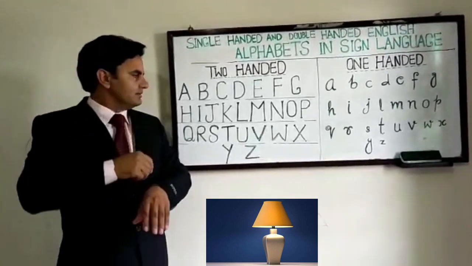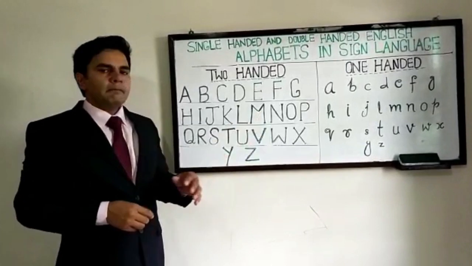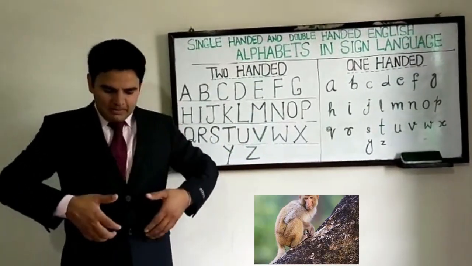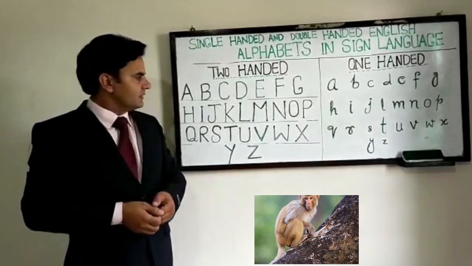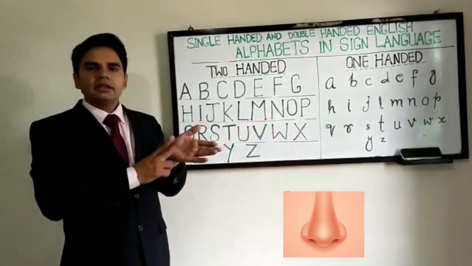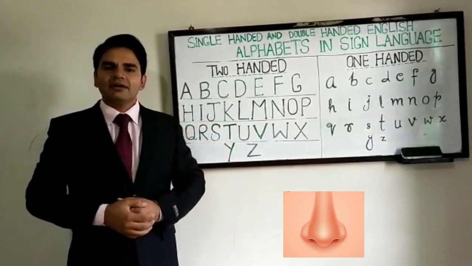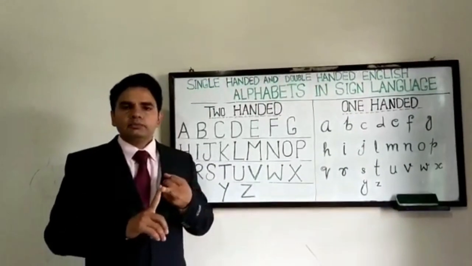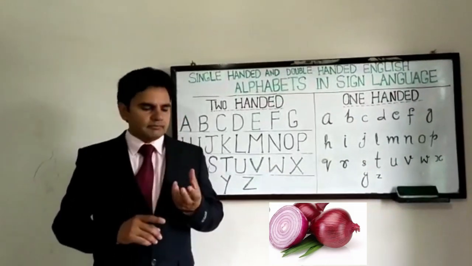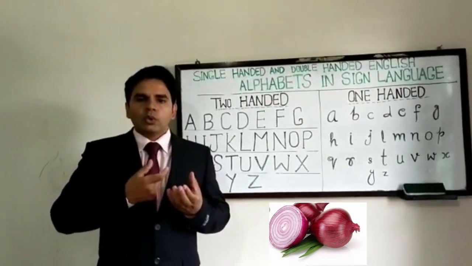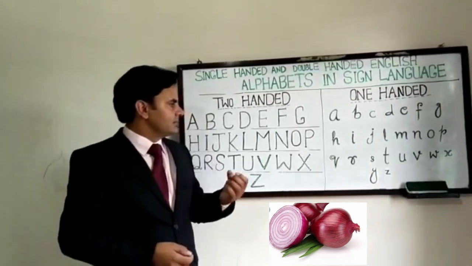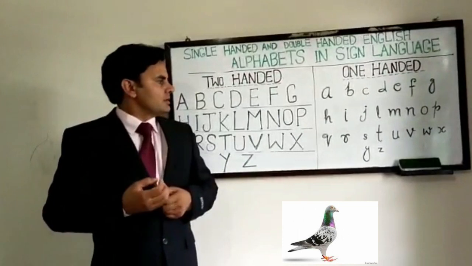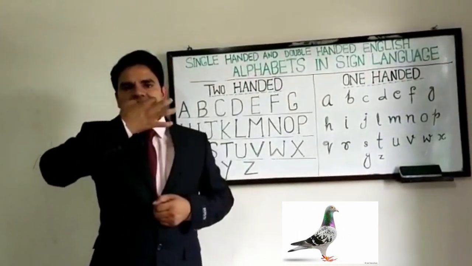M for monkey. N for nose. O for onion. P for pigeon.